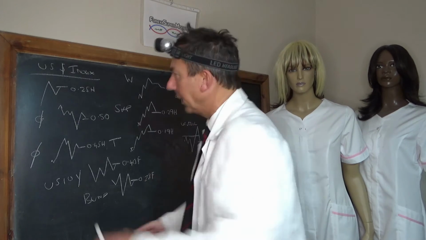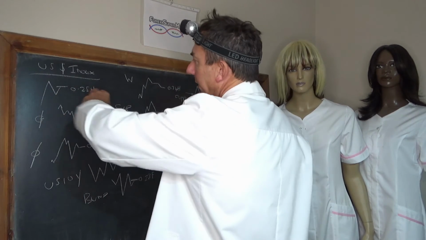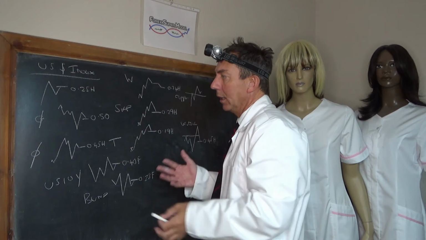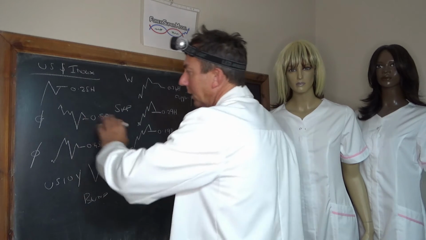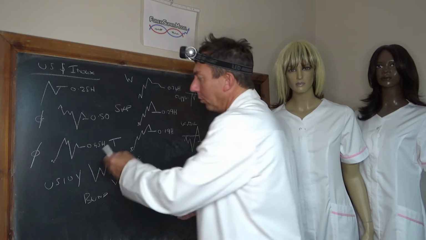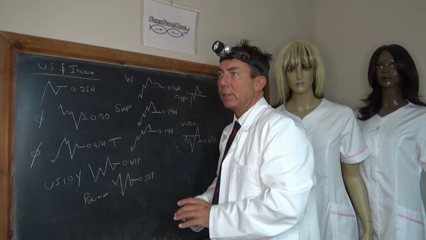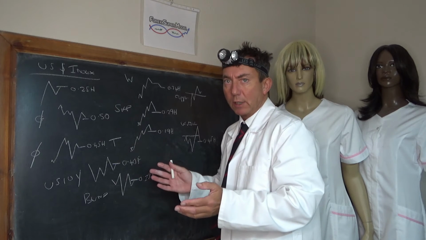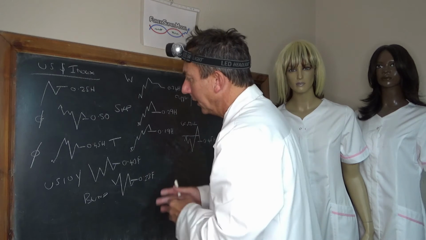Right, we're back, we've written up the asset classes. So US dollar index basically is at 0.25 from the high, it's come off 25%, it's been stronger recently. Gold is at 0.5 from the high, so it's half marks. Oil is 0.45 from the high, so it's basically above half marks, and looks like it's going to have a go at some stage today.